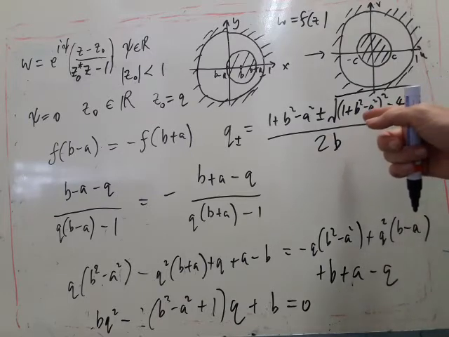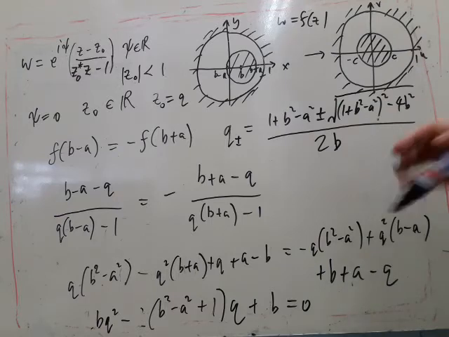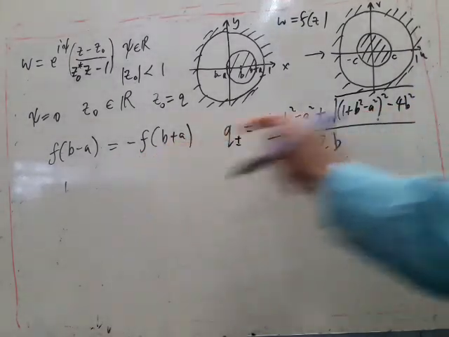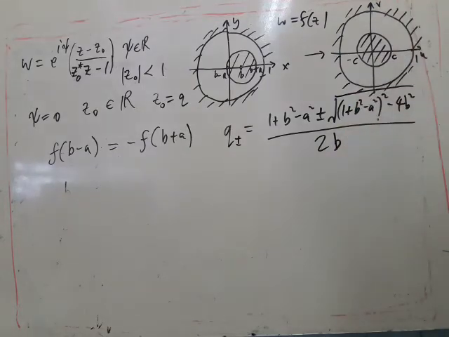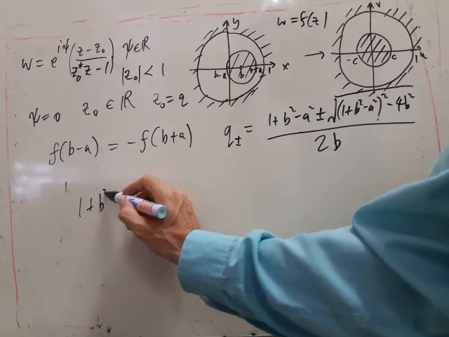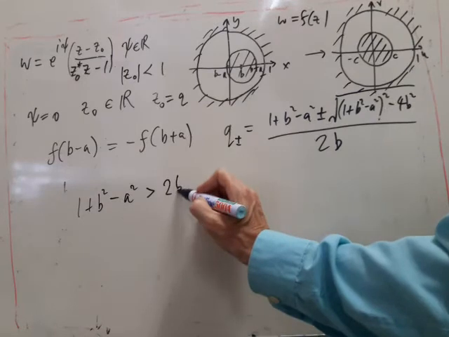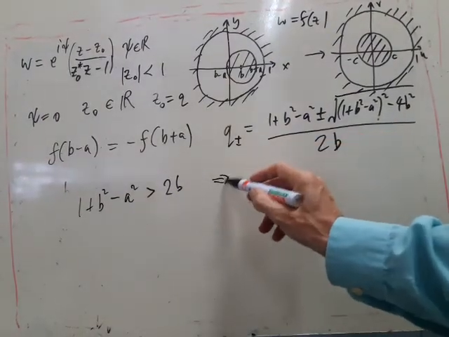So let's just check what happens if we expand this discriminant. Actually, rather than expand, I just need to compare these two things. Is this thing inside the square bigger than 2b? So if 1 plus b squared minus a squared is greater than 2b, what does that imply?